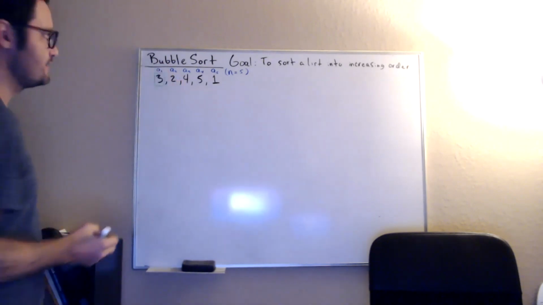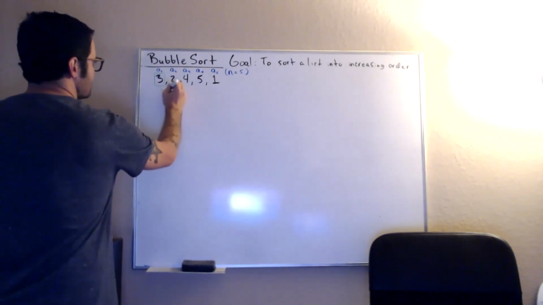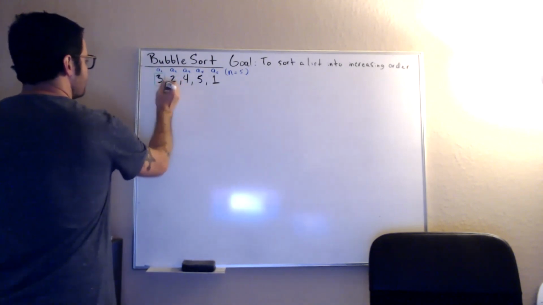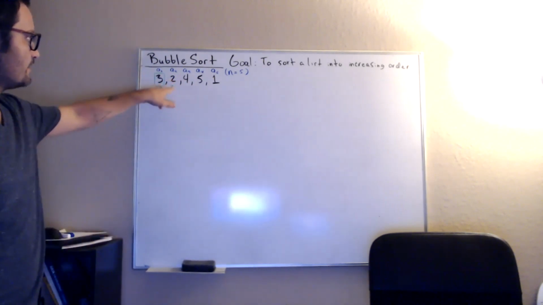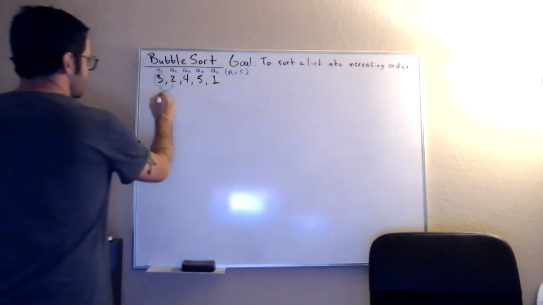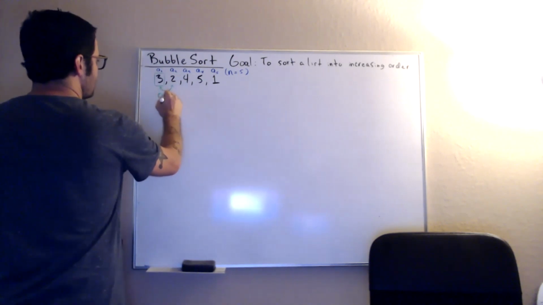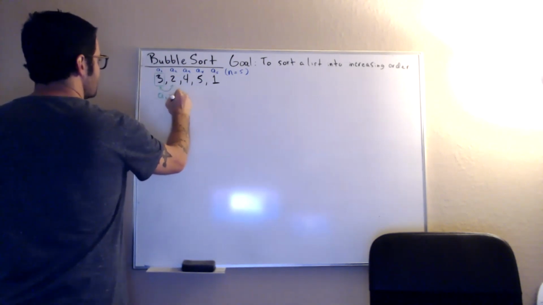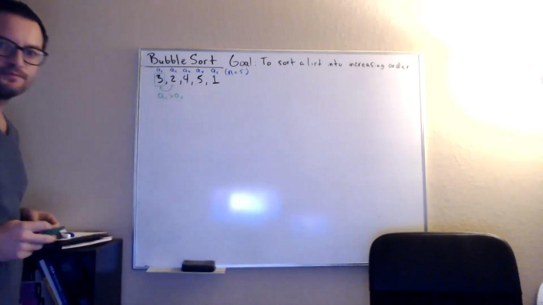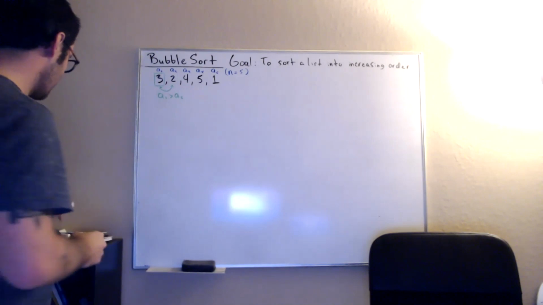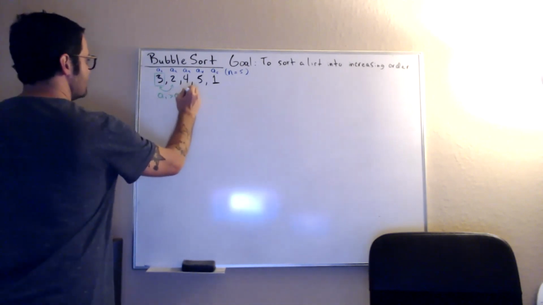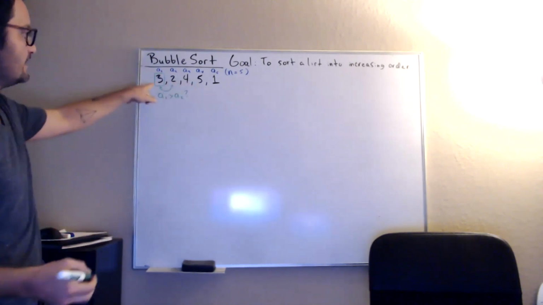So the way that we can do this in an iterative fashion is start here and then compare the first entry with the second entry. So in this case, is 3 larger than 2? In other words, is A1 greater than A2? Hopefully you can read that. So A1 greater than A2. Is that true? It is.